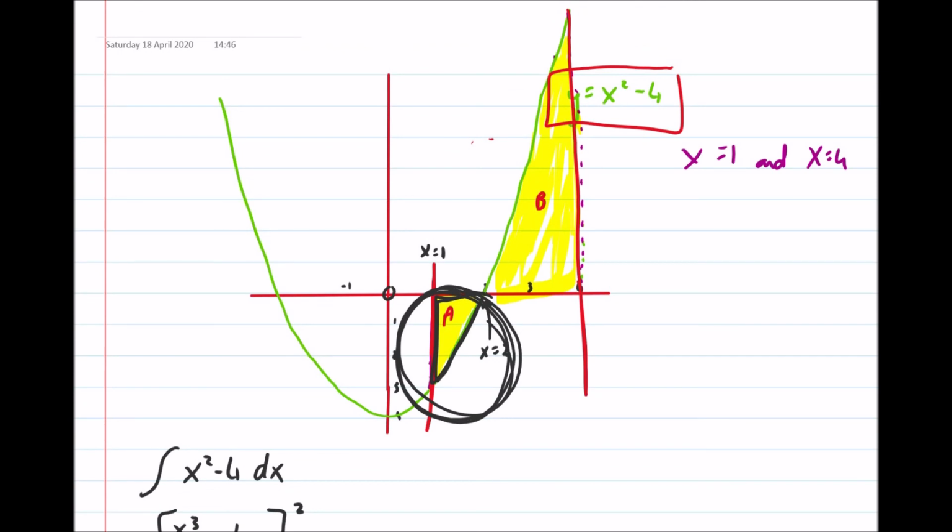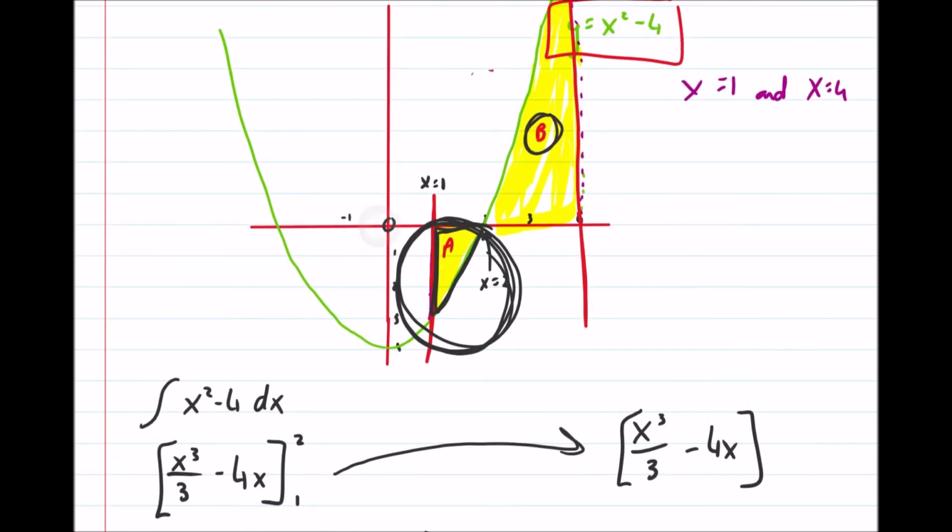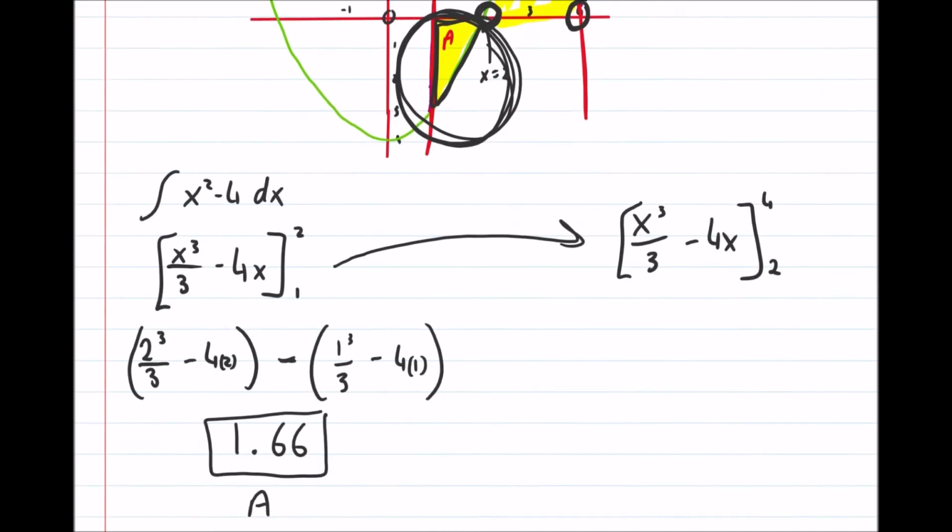Now we need to get the area of B. So we can take this integral, okay, because it's already integrated for us. And now we'll put this here, which is x equals 4. And this here again, which was x equals 2. And we work that out.